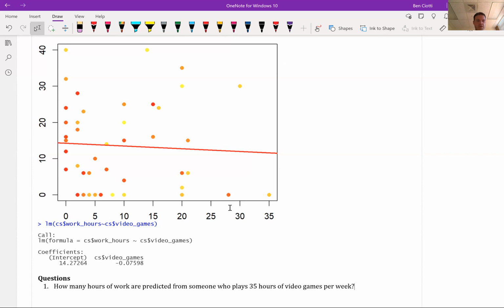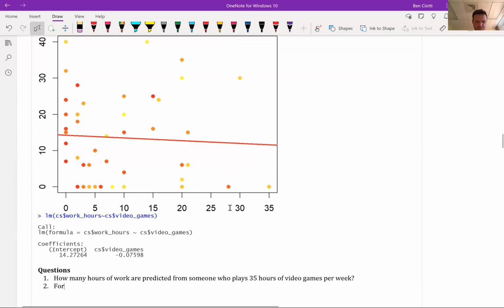Every additional 5 hours of video games, find the predicted change.